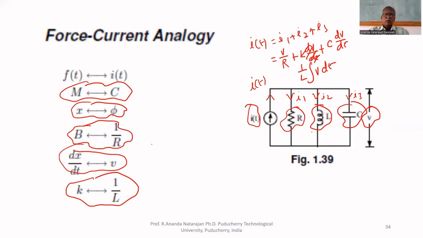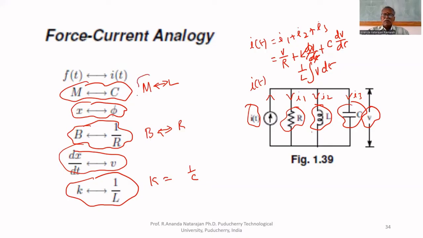But earlier in the force voltage analogy, M is identical to L. Similarly, K is identical to 1 by C. Here it is 1 by L. That is the only difference. Instead of B identical to R earlier, now it is 1 by R. That is the difference.